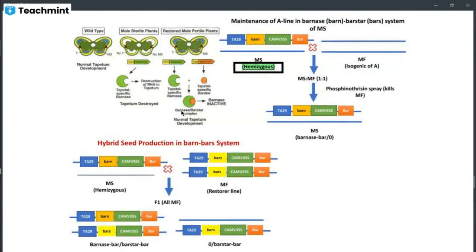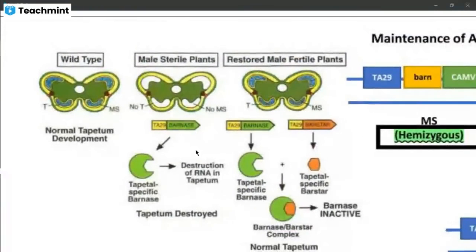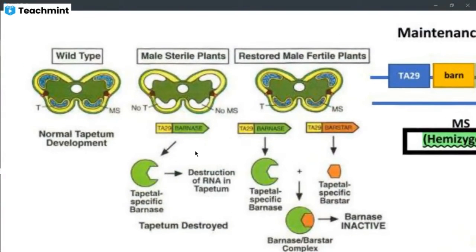See, scientists, after isolating a gene named Barnase, have incorporated it into the anther of the plant.